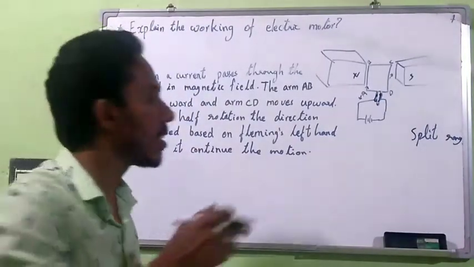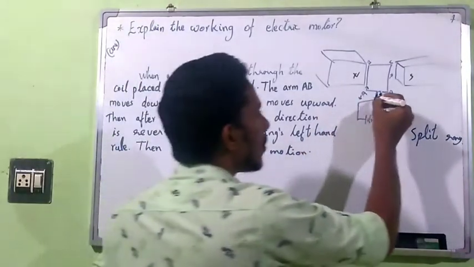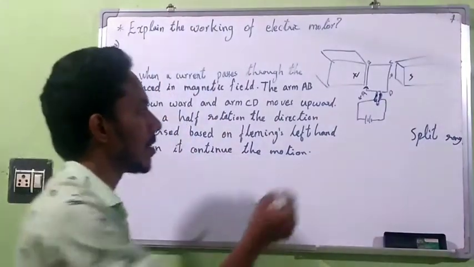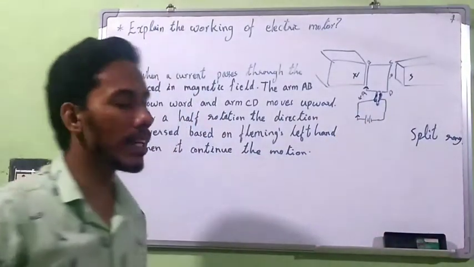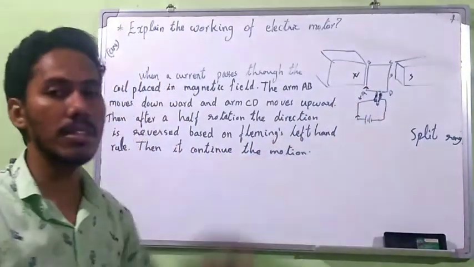When we provide the external power supply, that means the battery, the current will flow through this armature in this direction. Current flows from positive to negative, from here to here and then here, after this to the negative.